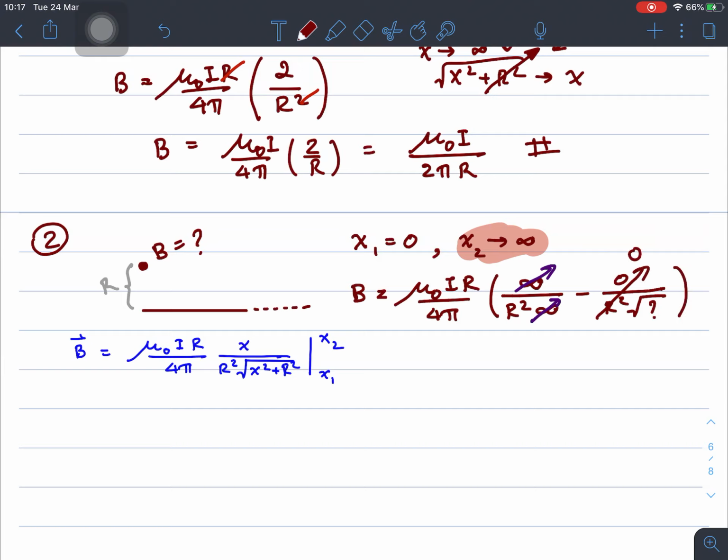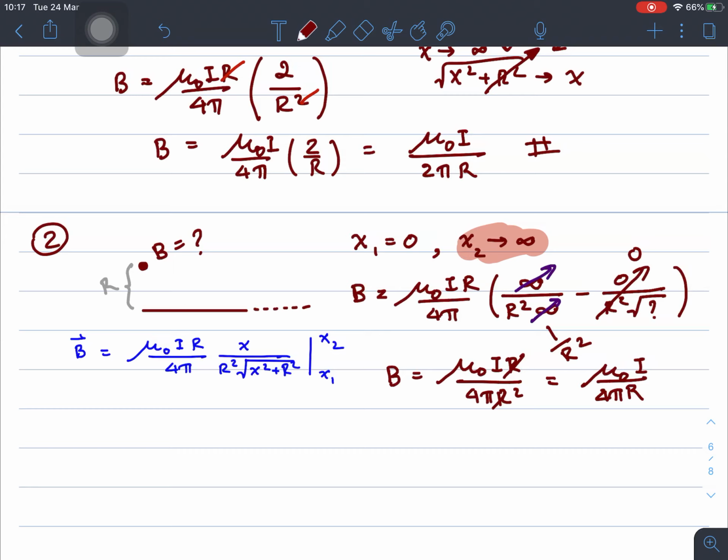So what is left is just 1 over r squared. So B will be mu 0 I r over 4 pi r squared, and I cancel one of the r, it would be mu 0 I over 4 pi r.